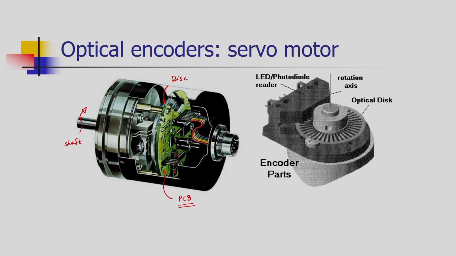So, ultimately at output we are getting a binary code, a processed binary signal, and that signal will further be utilized for the applications. One more configuration you can see on the right side of your slide. It has an LED or photodiode reader. This is the optical disc. This is the vertical configuration.